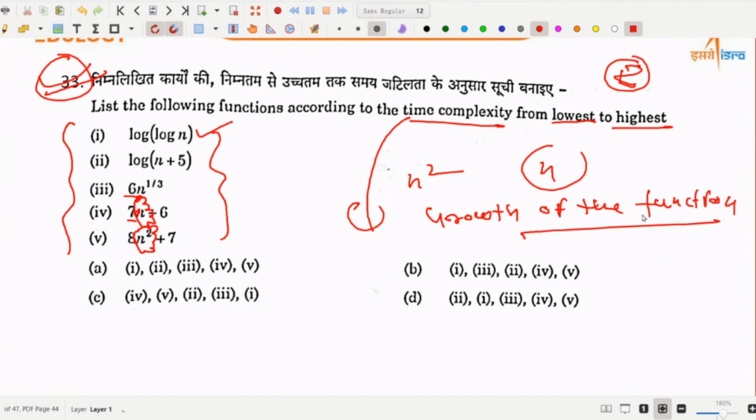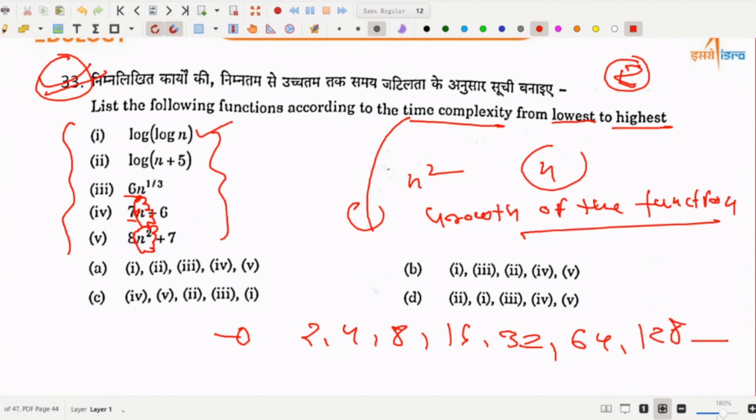What is the meaning of this line? We are simply checking how rapidly any function is growing, how rapidly it is increasing in value. See one example: 2, 4, 8, 16, 32, 64, 128.